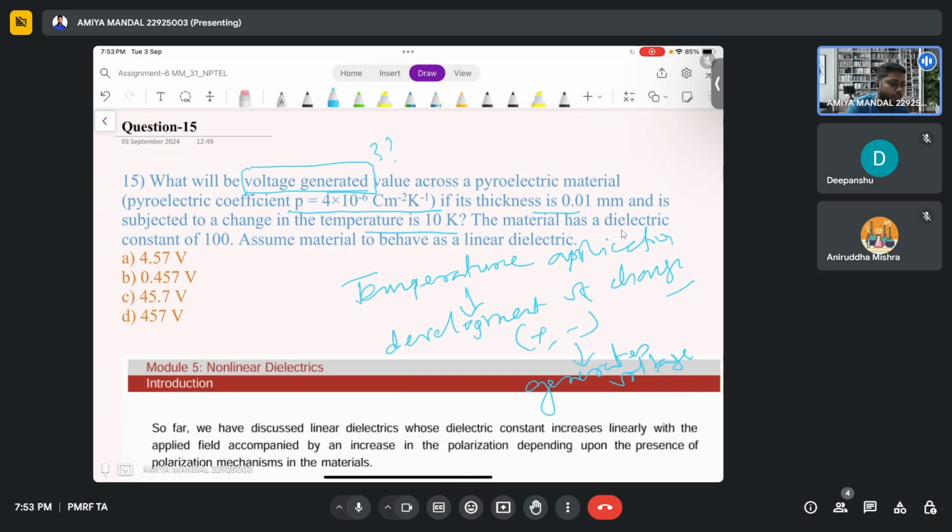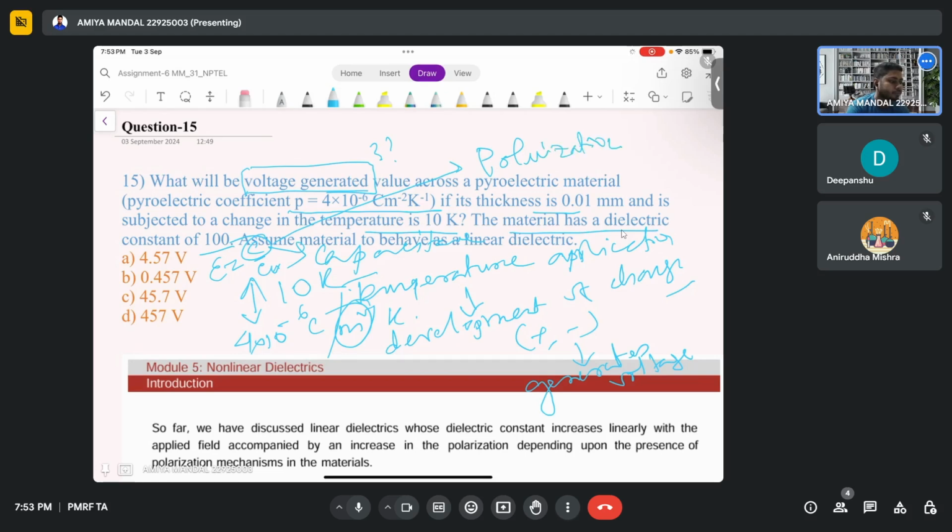The charge developed is 4 into 10 to the power minus 6 Coulomb per meter square per Kelvin. We must calculate the area, and the material has a dielectric constant, which is nothing but C by C naught, so you can calculate the capacitance. This capacitance further develops polarization.